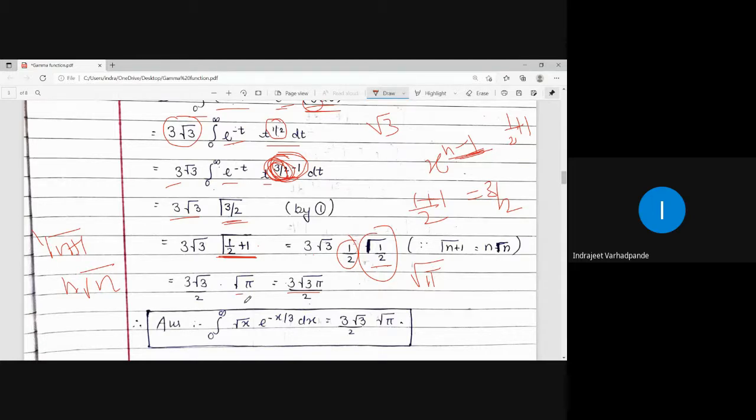So answer is integral 0 to infinity root x into e to the power minus x by 3 dx is equal to 3 root 3 upon 2 into under root of pi.